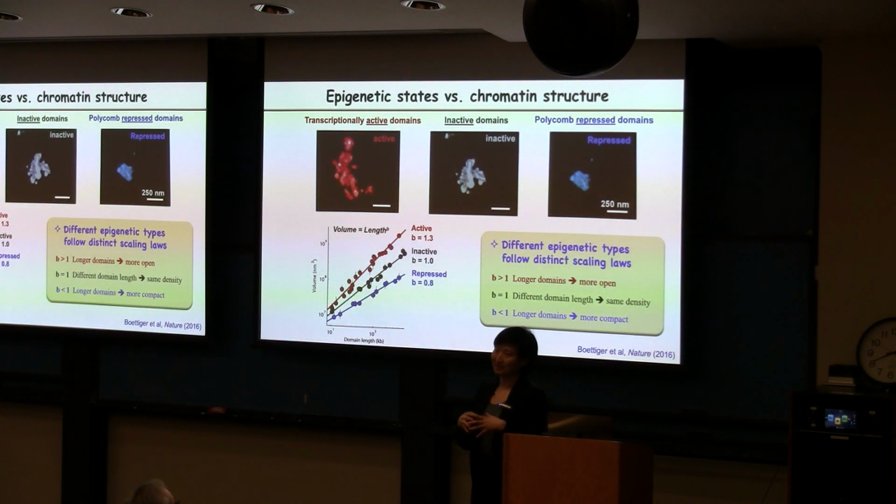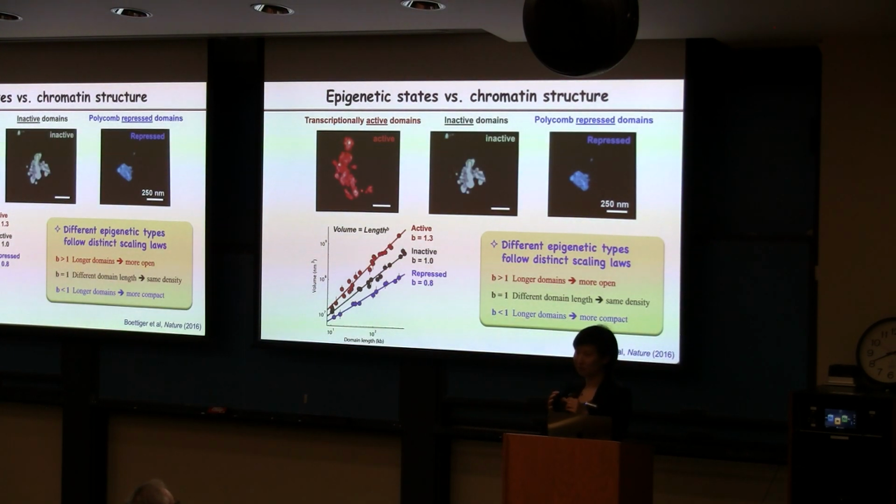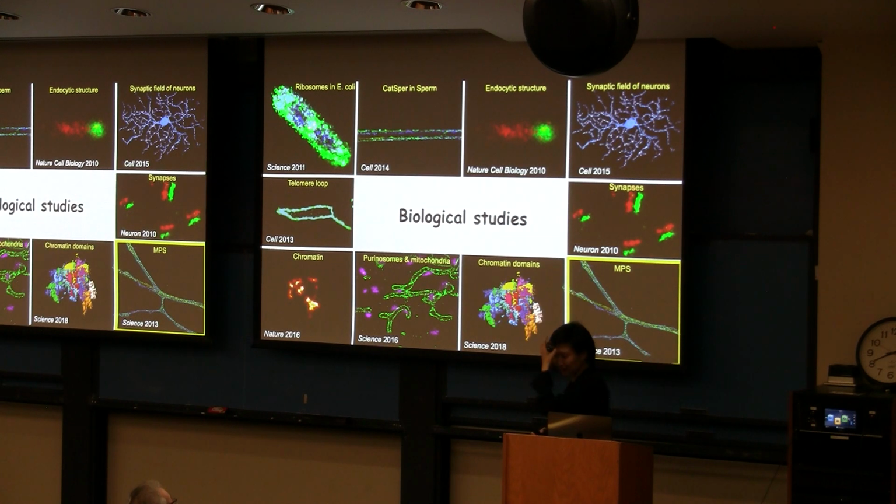The better it compacts, the stronger that is. And that could actually explain why these polycomb repressed genes tend to concatenate together, because it gets them longer to compact more.